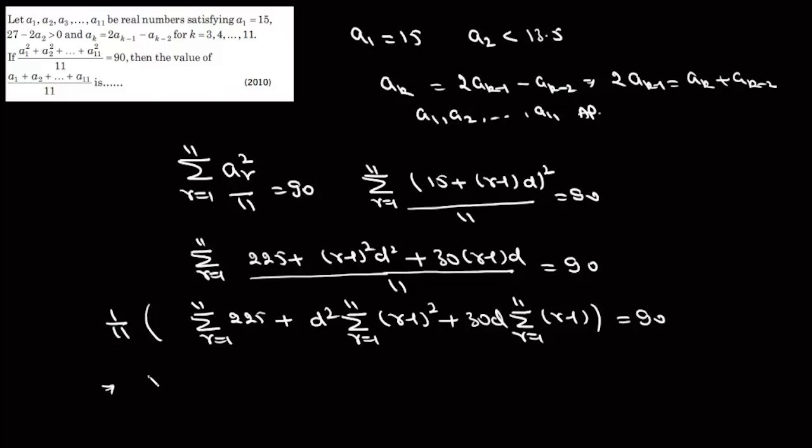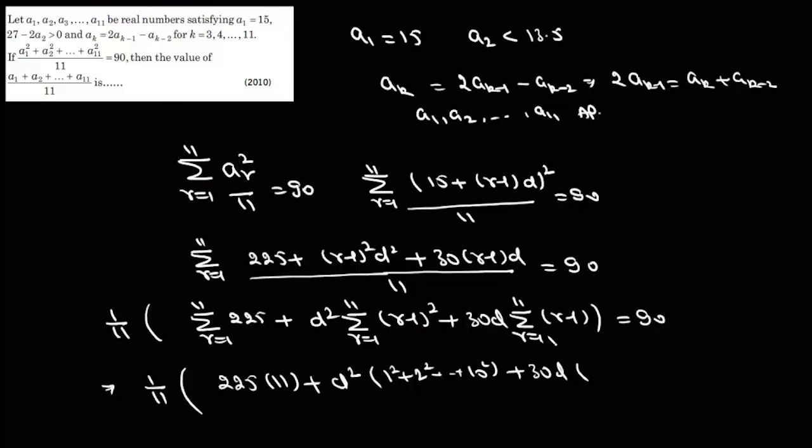So it will be 1 by 11 times 225 into 11, and this is d square. Now if you put r as 1, it will be 0 square plus 1 square up to 10 square. So this is 1 square plus 2 square up to 10 square, and this is 30d, and here if you put r as 1, it will be 0 plus 1 plus 2 up to 10. So this is the sum of the first 10 natural numbers.